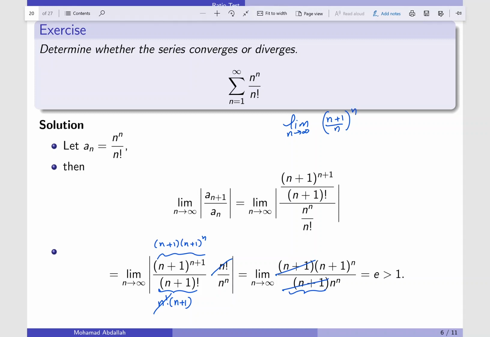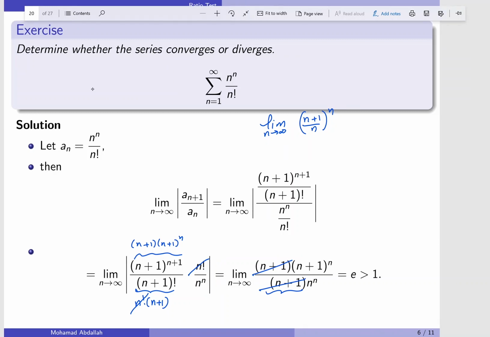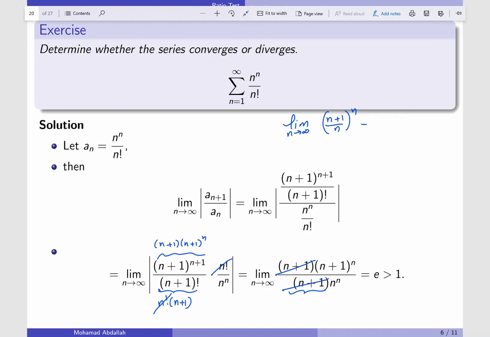There's more than one way to find this limit. First of all, this is a kind of undetermined form, because you will have 1 to the power infinity, and then we have a problem here. So one thing you can do is the following. You can write this as the limit when n goes to infinity of 1 plus 1 over n to the power n.